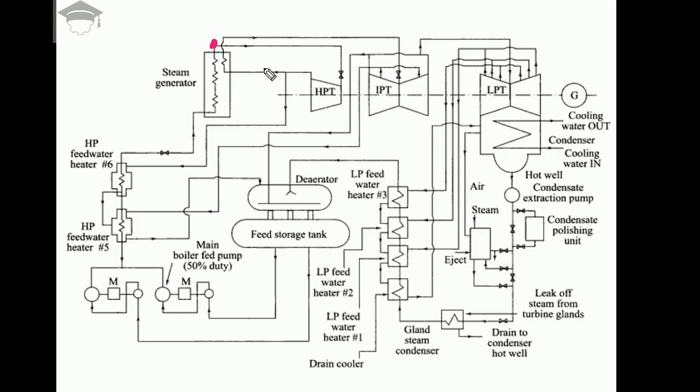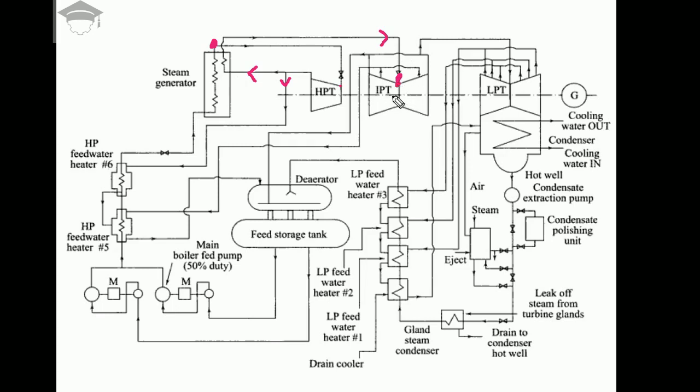Then this superheated steam goes to the high pressure turbine inlet. Then at the outlet, one line I already explained, is used for high pressure feed water heater 6. The majority, almost 95%, passes further to this line, then goes to the intermediate turbine inlet.